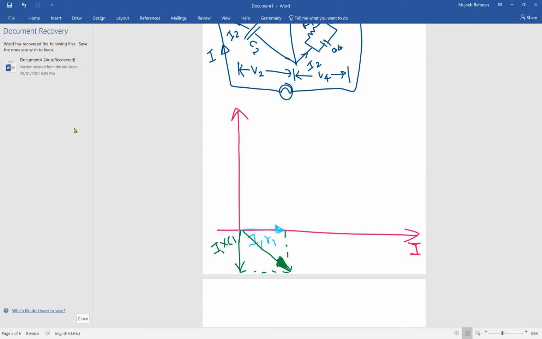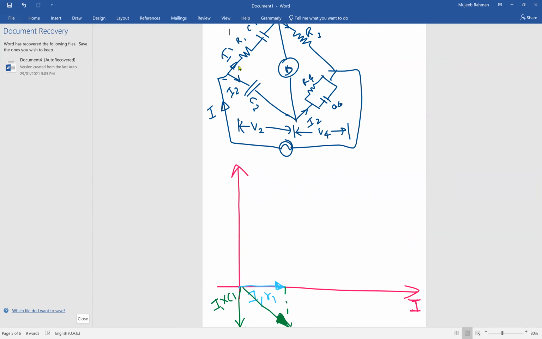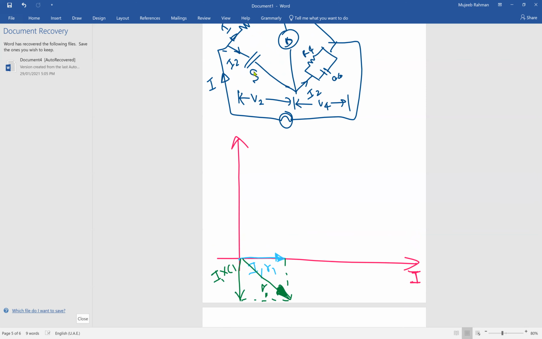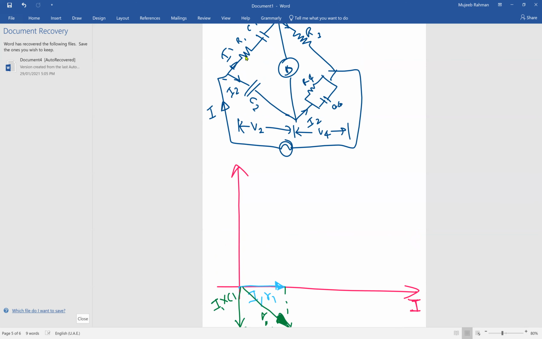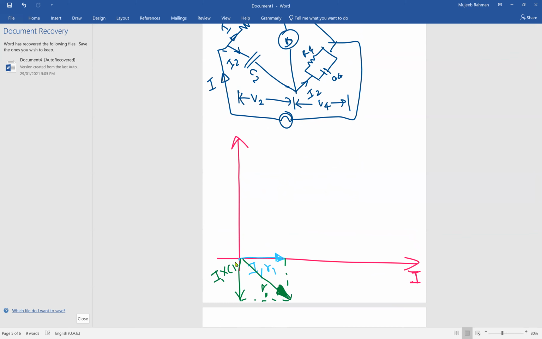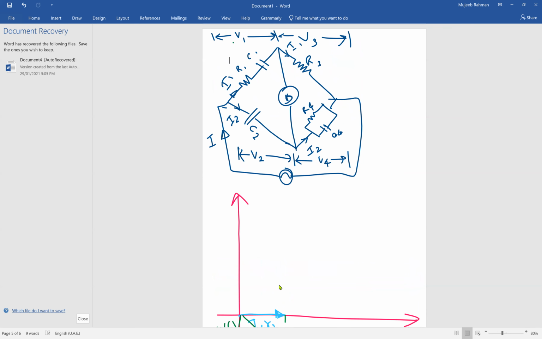V1 is the vector sum of the voltage drop across R1 and the voltage drop across C1, which is 90 degrees from the reference axis. So we have I1 R1 along the x-axis and I1 X1 along the negative y-axis, and the vector sum will give you V1. This particular part we already calculated.